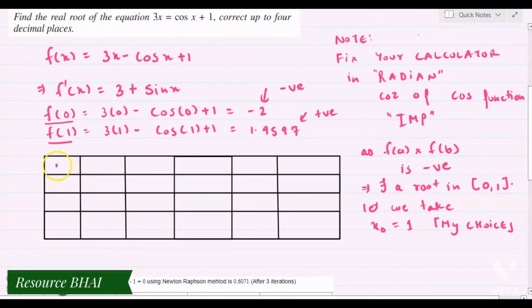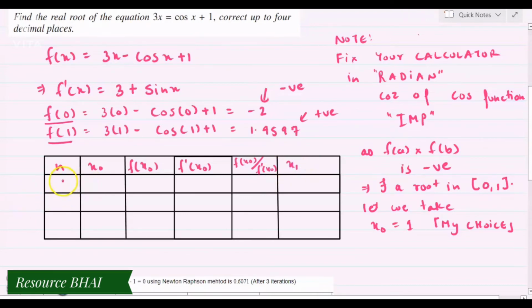Now let us prepare the table. This will be n, this is my x naught, this will be the function value at x naught, this will be the derivative value at x naught, and to make the table easy, this will be the function value divided by the derivative value at that particular x naught, and this will be my x1 that I get as output.